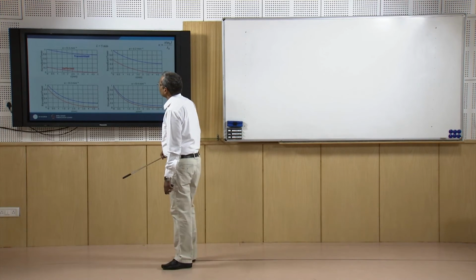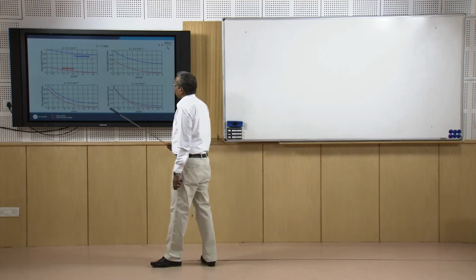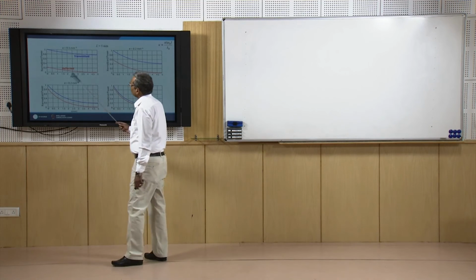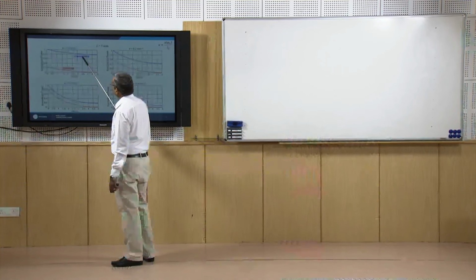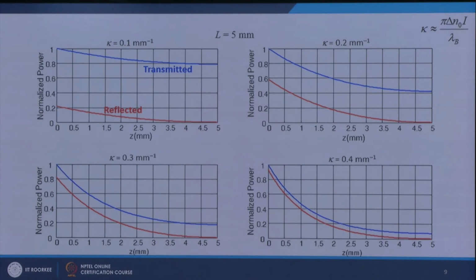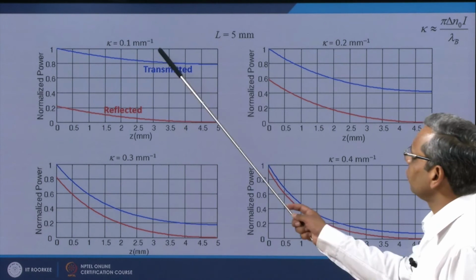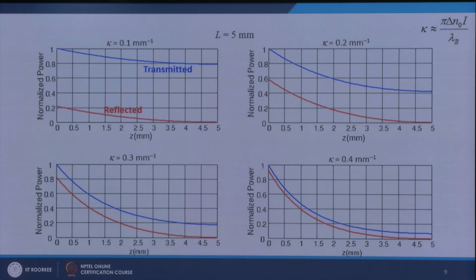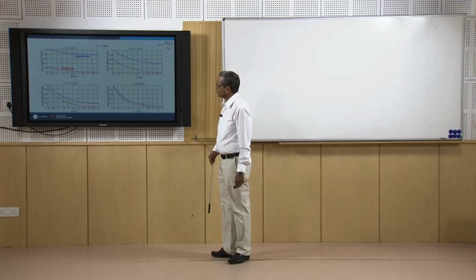Here I show how the power in the transmitted and reflected modes varies as a function of z, that is, the evolution of power in the forward and backward propagating modes for different values of kappa, for a given grating length L equal to, let us say, 5 millimeters.